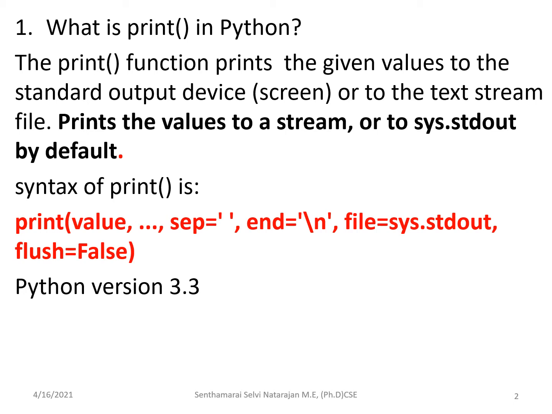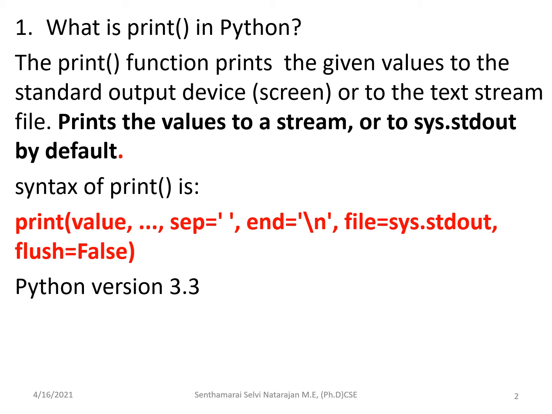First, we have to explain the printf function. The printf function is used to print the given value to your system output. Initially it is the monitor screen where you see the output. Here it is called sys.stdout, the standard output device.